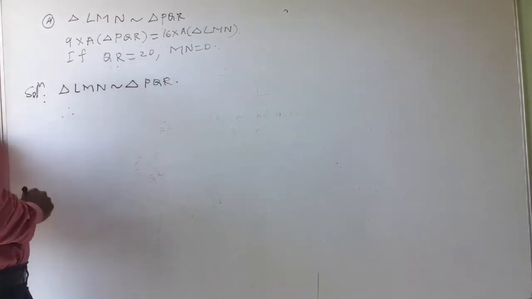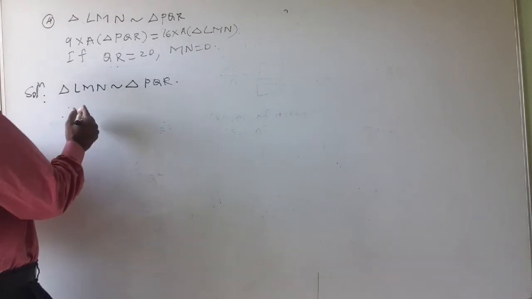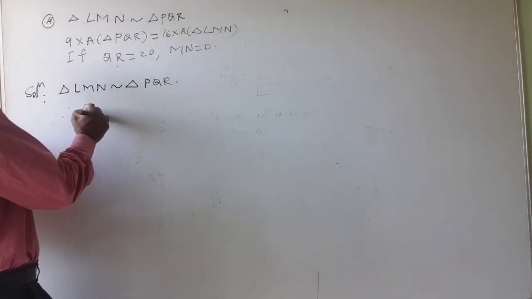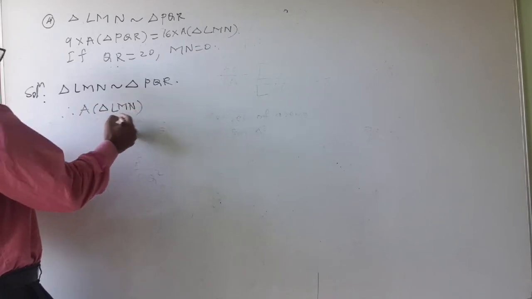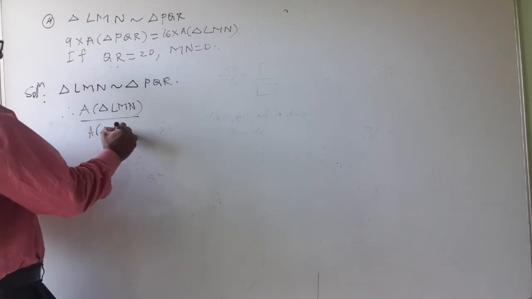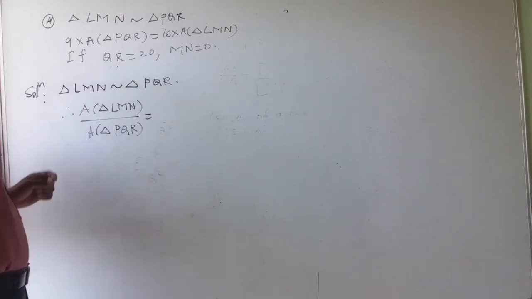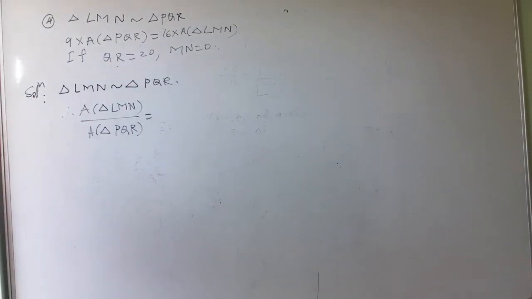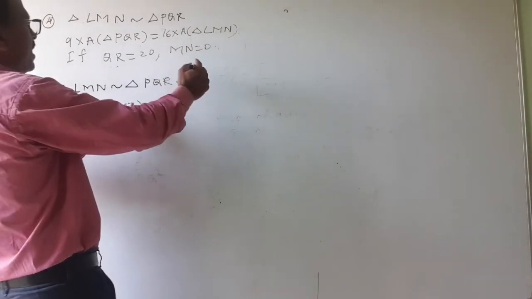Therefore, by the theorem of areas, area of triangle LMN upon area of triangle PQR is equal to the ratio of the squares of the corresponding sides. In that, MN is needed.